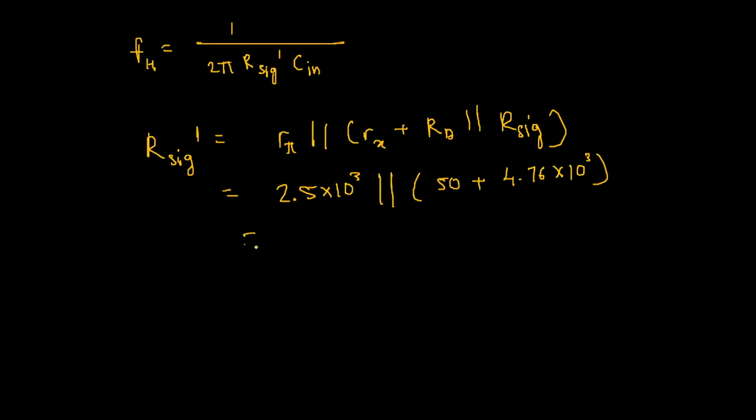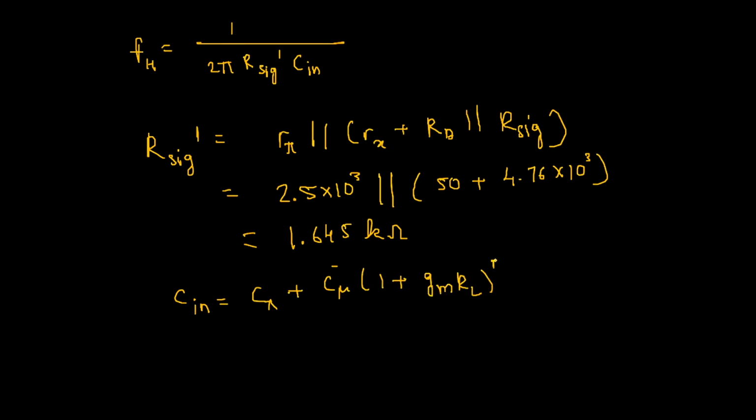So the final answer that we have here is 1.645 kilo ohms. So that gives me R signal dash. Now I have to calculate C input. C input is C pi plus C mu into 1 plus GmRL dash.